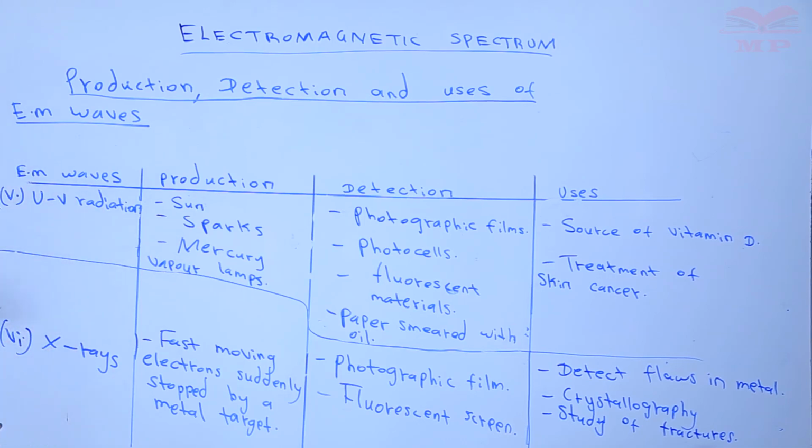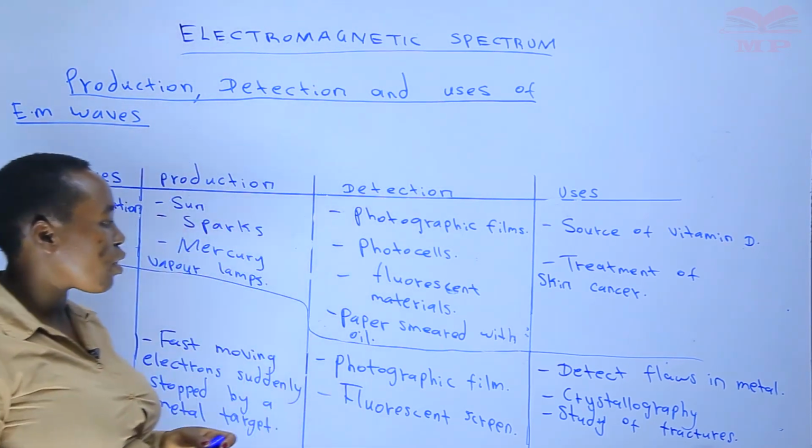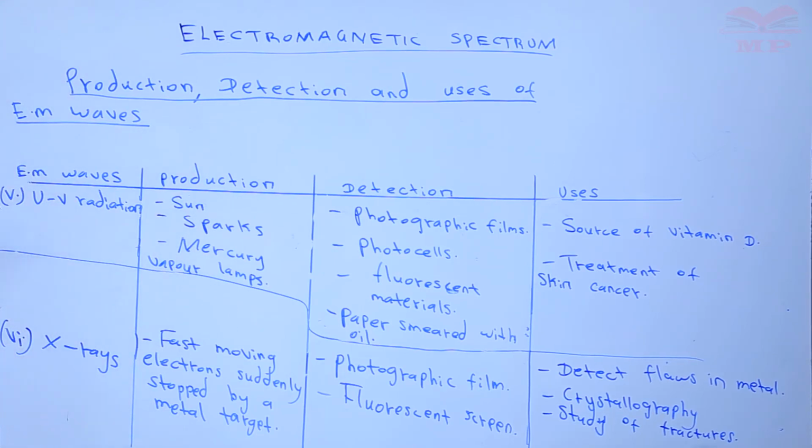As we can see, moving from the radio waves, the X-rays have high energy compared to the others: the radio, the microwaves, the infrared, visible light, and the UV radiation. Therefore, the X-rays can penetrate through the flesh, and so they can be used in the study of fractures.